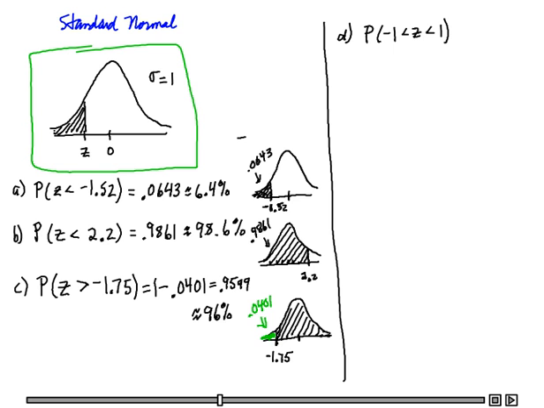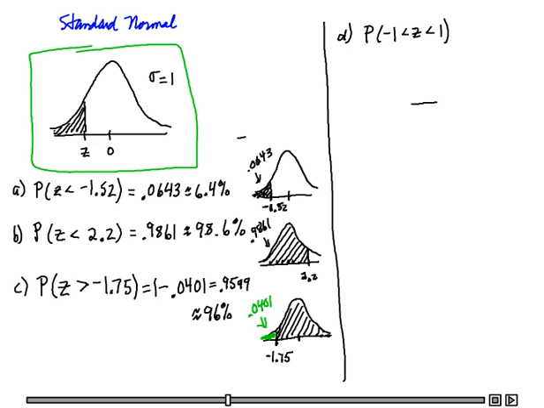In other words, what's the probability that the value itself will be within one standard deviation of the mean? Now, if you remember, the empirical rule said that's approximately 68%. So let's use the standard normal table to find out more precisely what it is.